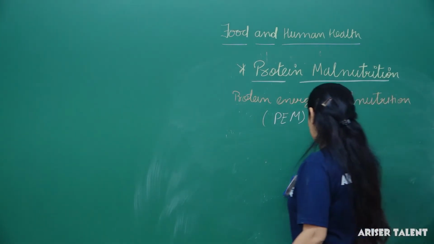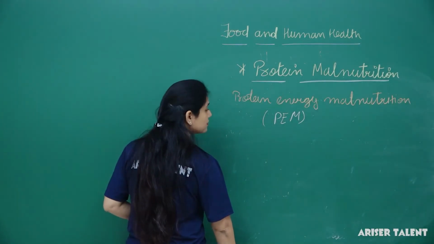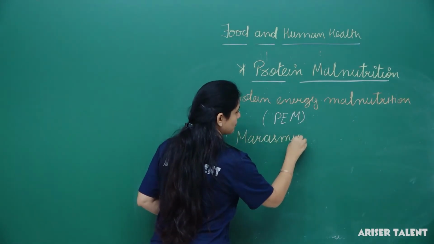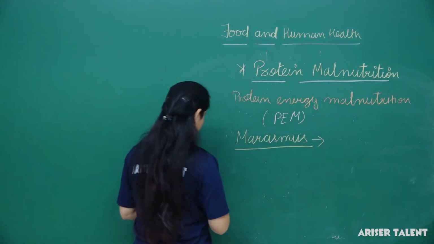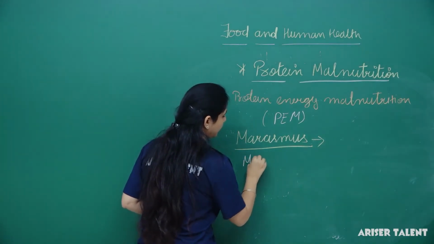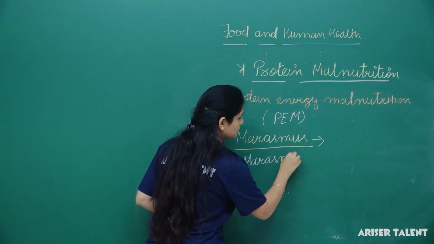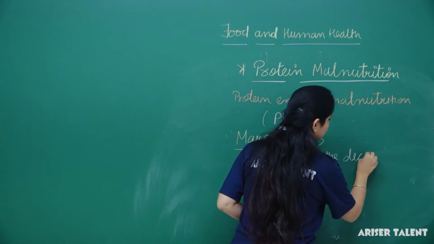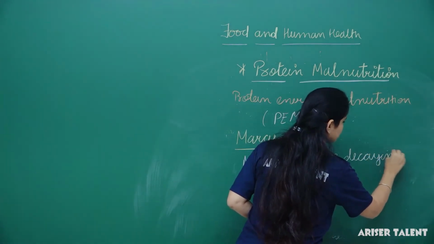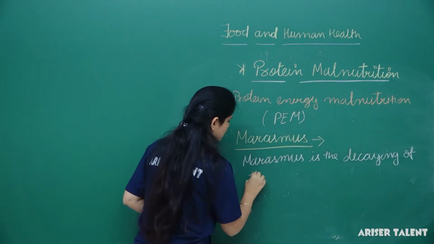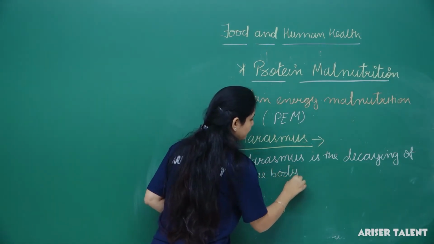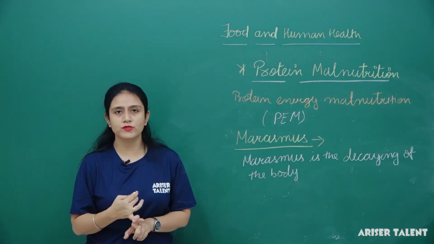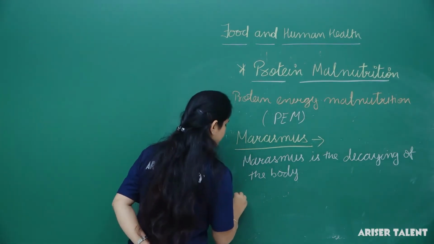Next is marasmus. What is marasmus? Marasmus is the decaying of the body. Muscles do not grow properly, so ribs are visible. Fine, what are the symptoms?